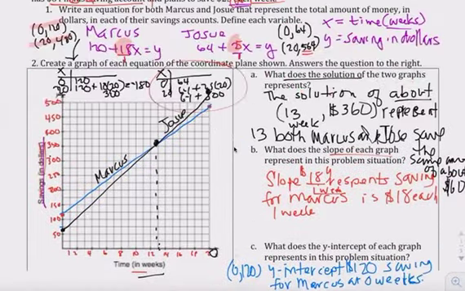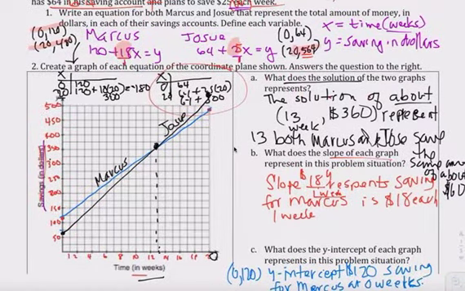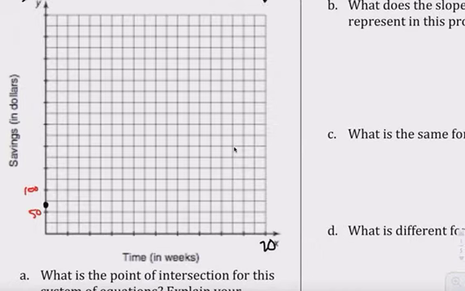Right up here. I was looking for this one here. Josue's coordinate, 20, 564, is about somewhere there. Connect the dots. That's Josue.